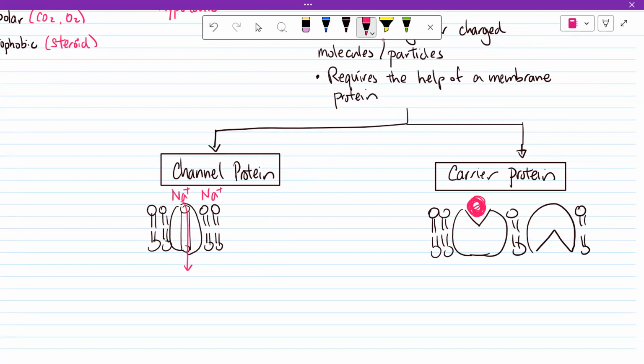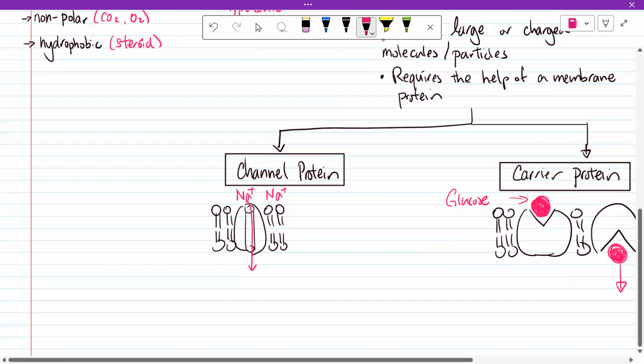So it grabs onto this big thing, and then the protein changes shape, and now it opens on the inside, and that's how you move the molecule across. So this is useful for big molecules, like glucose.